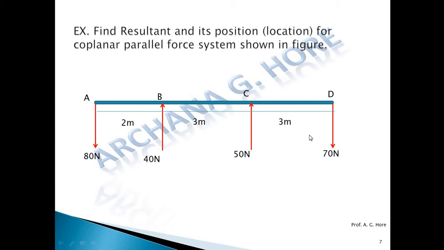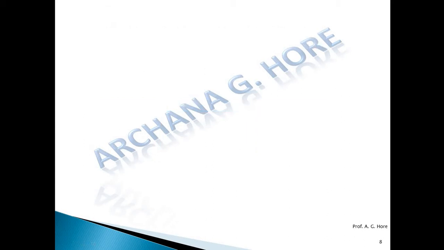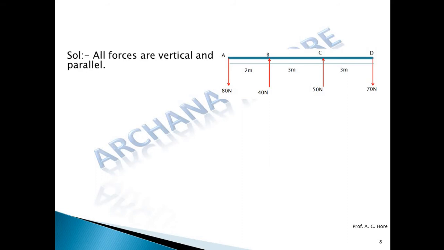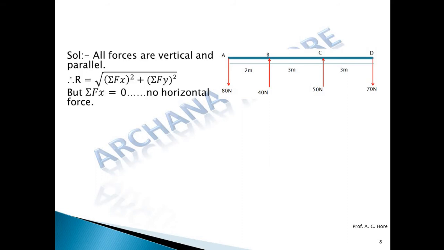Here four forces are given at points A, B, C, D respectively, and all are parallel to the y-axis, or parallel to each other. We can easily find the resultant, which is equal to the root of summation Fx square plus summation Fy square. Here all the forces are parallel to y, so summation Fx is equal to 0, because no horizontal force is given in the numerical.